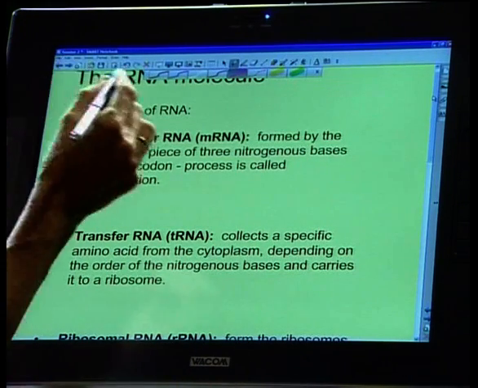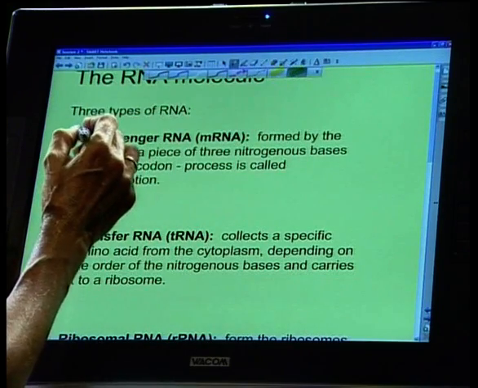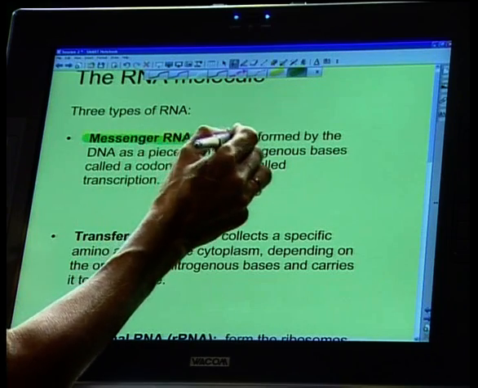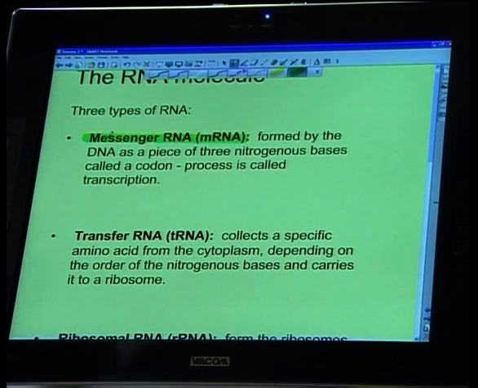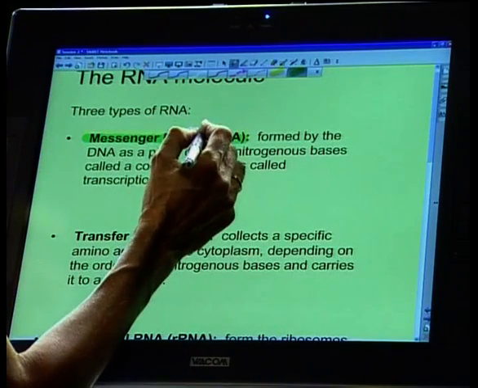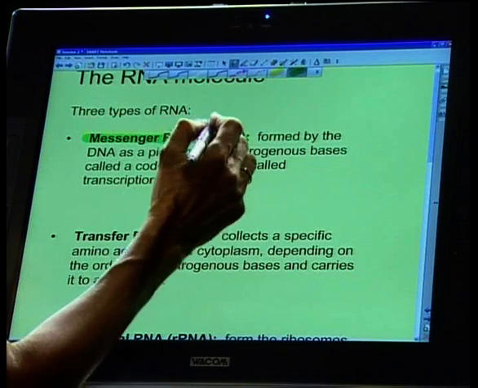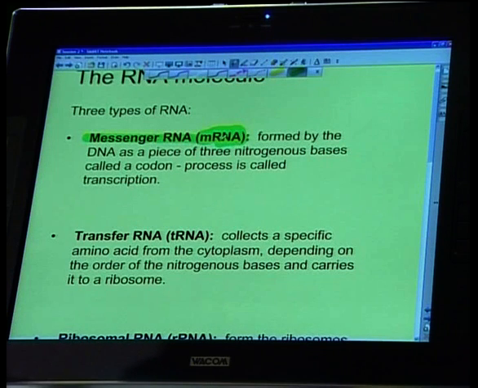So our three types of RNA. We have our messenger RNA. And because messenger is such a long word to write, when you have to use the word twice or three times in a sentence, we call it mRNA. Now notice this is a little m and capital RNA, because RNA stands for ribose nucleic acid.